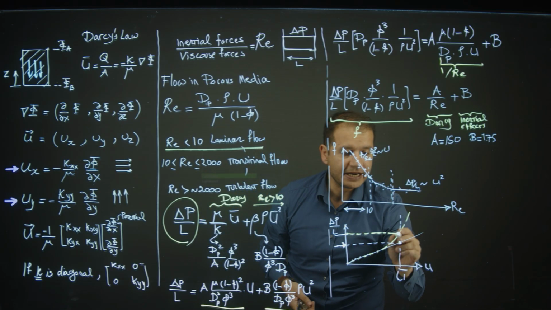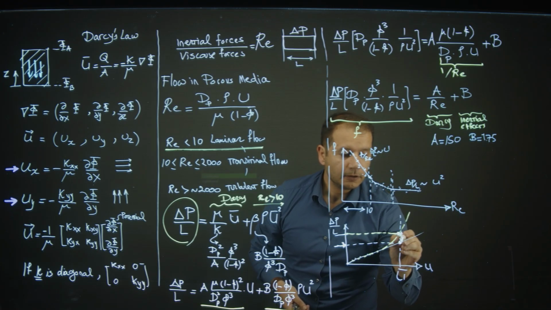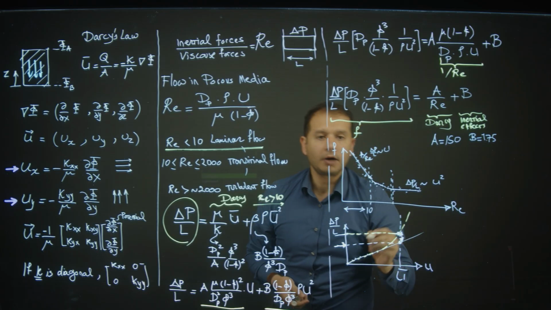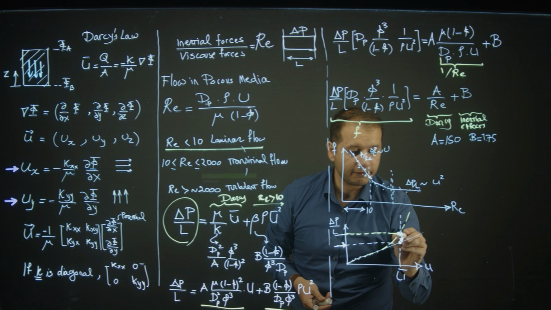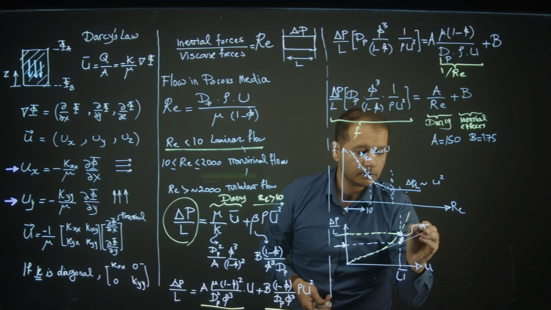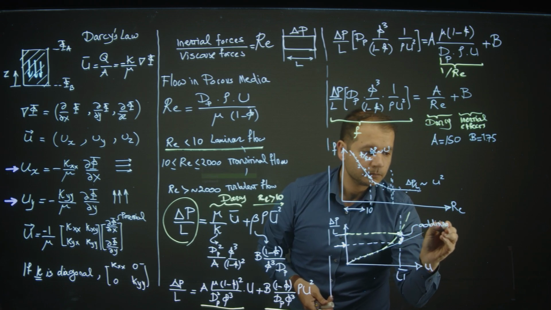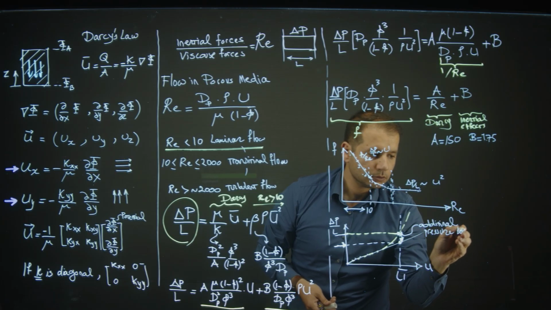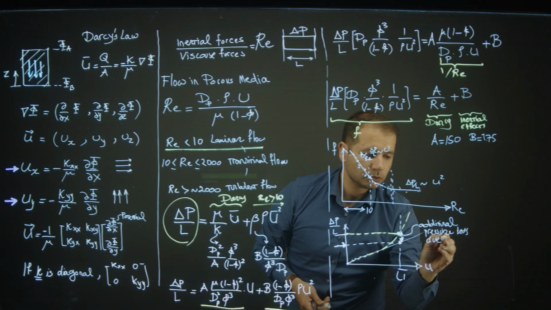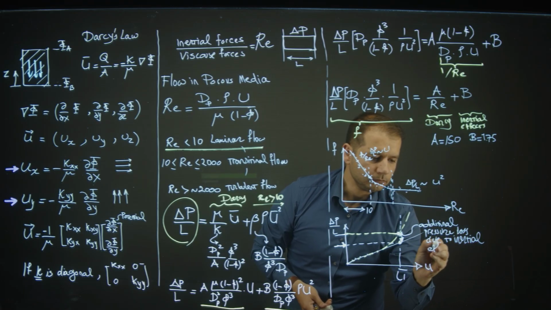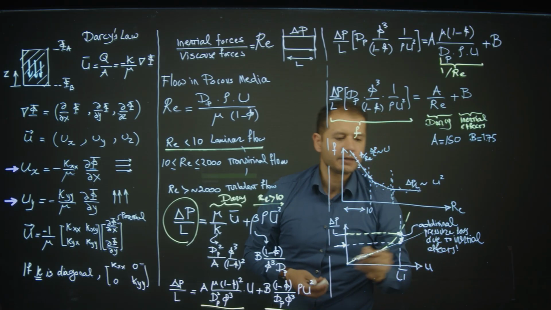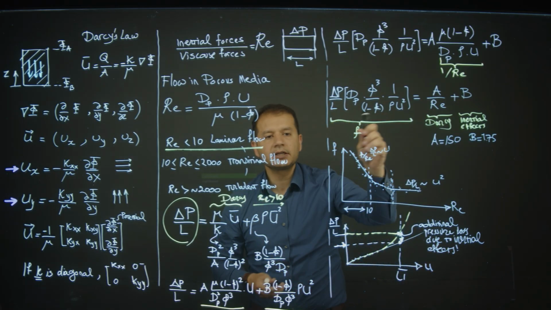It means that you are entering a zone where you have a higher potential drop or pressure drop because of non-Darcy effects, because of inertial effects. This is the additional pressure loss due to inertial effects. So that's very important, that the nonlinearity comes from that.